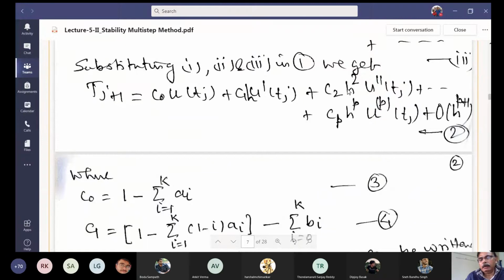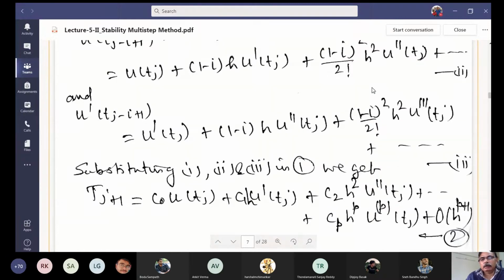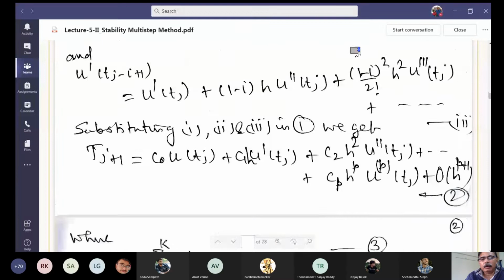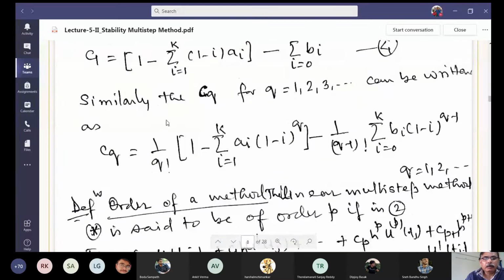If it is a double derivative, then 2 factorial is there, and then (1 − i) squared. So accordingly, 1 by q factorial is taken out, and (1 − i) to the power q is there, times a_i. And 1 will always be there, because this will come from u_{t_{j+1}}. Similarly, the slope part will be here. So a general C_q for q running from 1, 2, 3 onward can be written in this form.